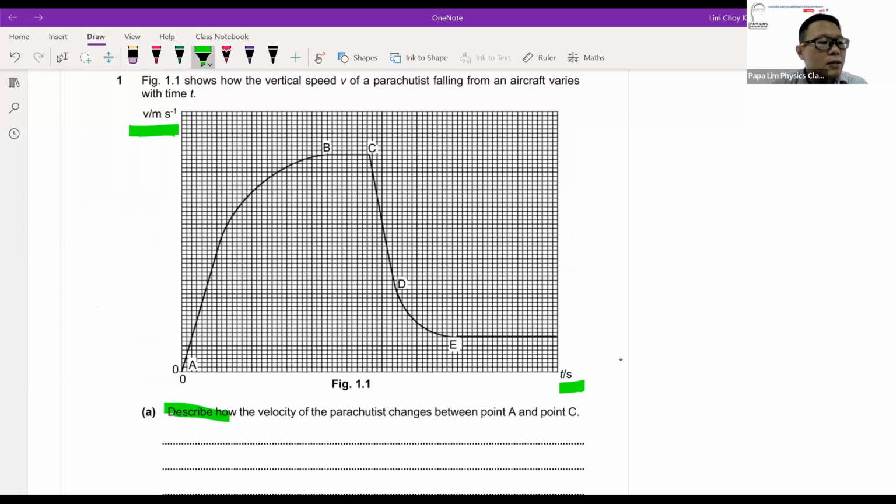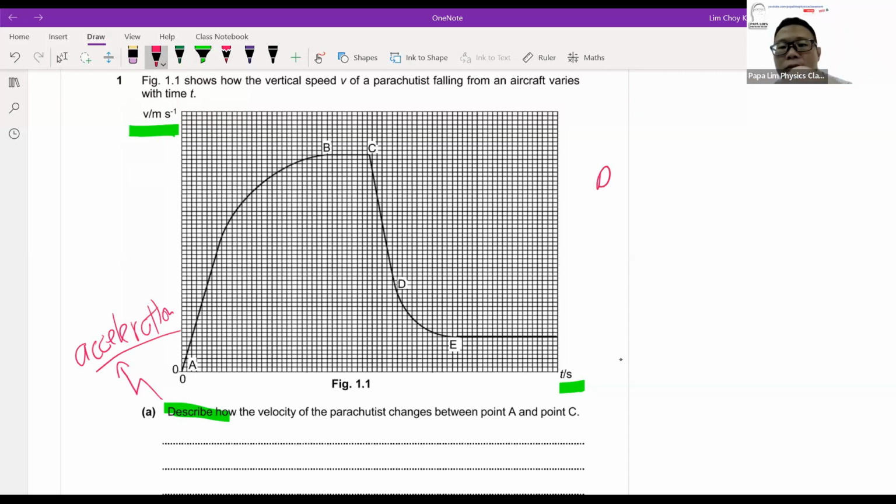every time we see questions like describing the action or describing the motion for the velocity time graph, I always tell students to bear in mind that the answer they are looking for is actually the acceleration. If the question gives you a displacement time graph and asks you to describe, what you're looking for is the velocity of the graph itself.